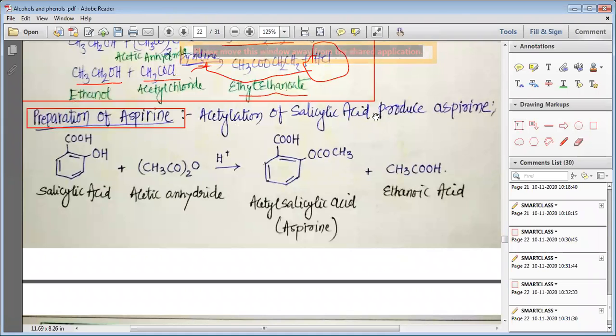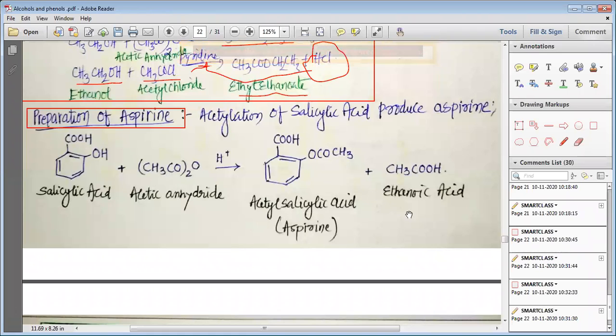Acetylation of salicylic acid produces aspirin. You can see here we have salicylic acid, we have acetic anhydride. So this hydroxyl group reacts with acetic anhydride, that is acid anhydride, and produces an ester, and this ester is known as aspirin, or it is also known as acetylsalicylic acid.